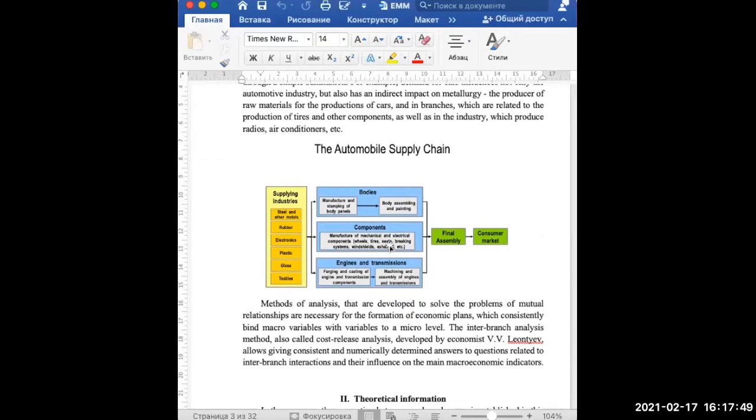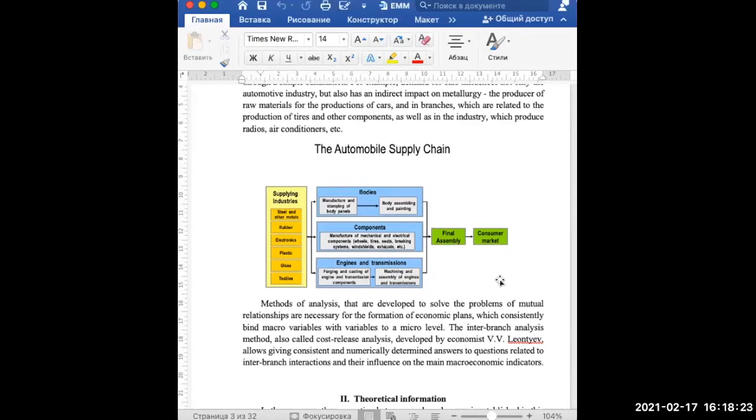At the same time we can be supplier for other branches and for the final consumers. But to produce some products, we also need to be clients for products from other branches, and we are clients and we are suppliers at the same time.